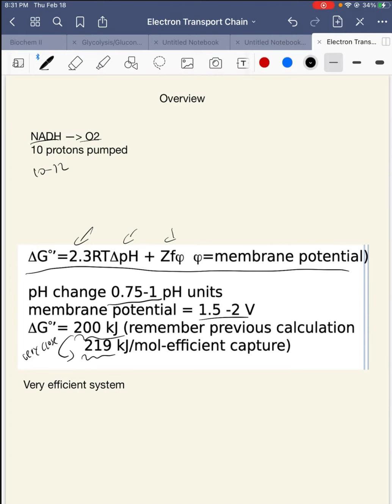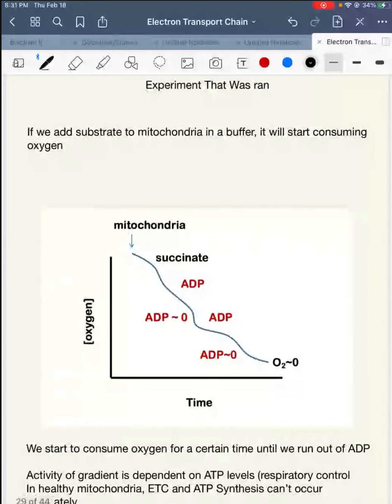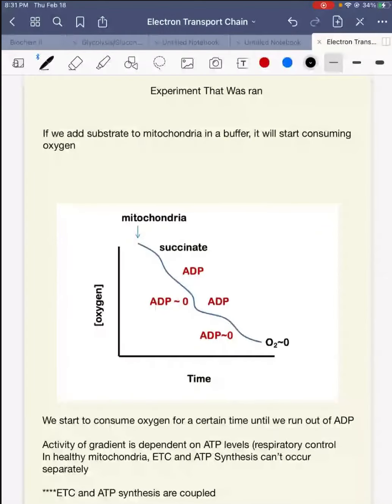Okay, so there was an experiment that is how they found that oxygen is used as an electron acceptor, and it goes into respiratory control as well. It allows us to conclude that the ETC, the electron transport chain, and ATP synthase are coupled together.